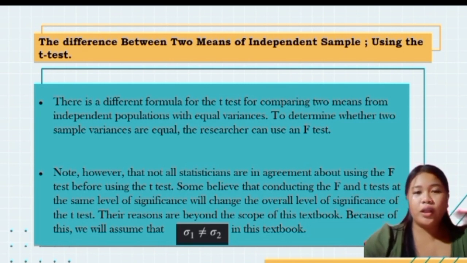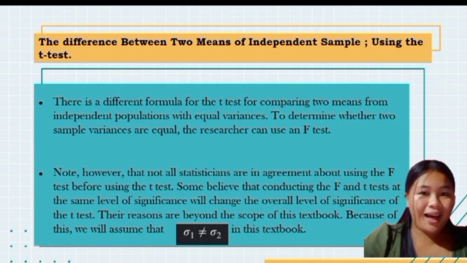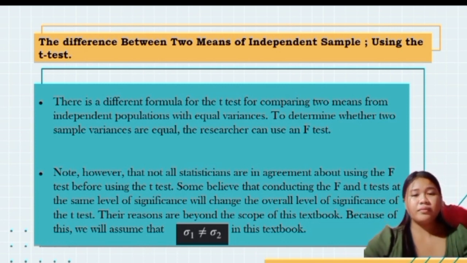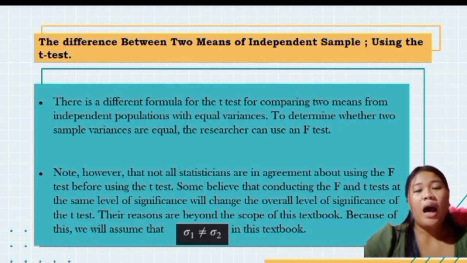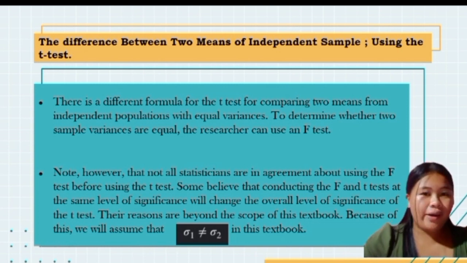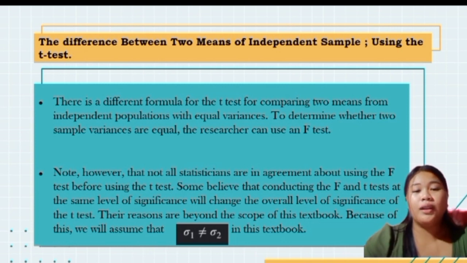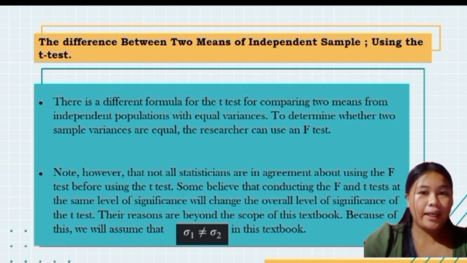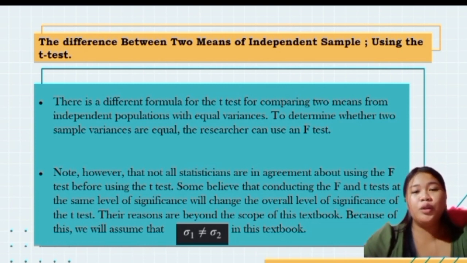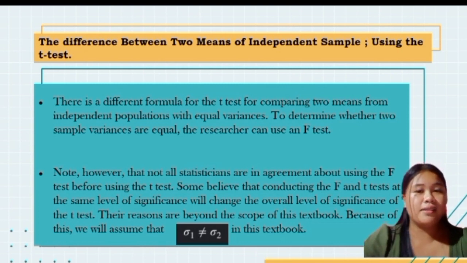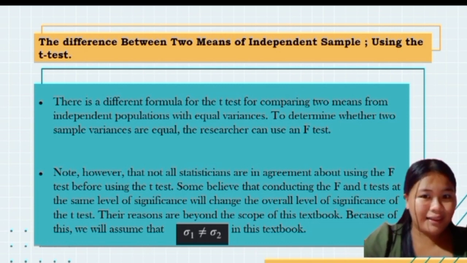To determine whether two sample variances are equal, the researcher can use the F-test. Note, however, that not all statisticians are in agreement about using the F-test before using the t-test. Not all statisticians agree with this. From the belief that conducting the F and t tests at the same level of significance will change the overall level of significance of the t-test.